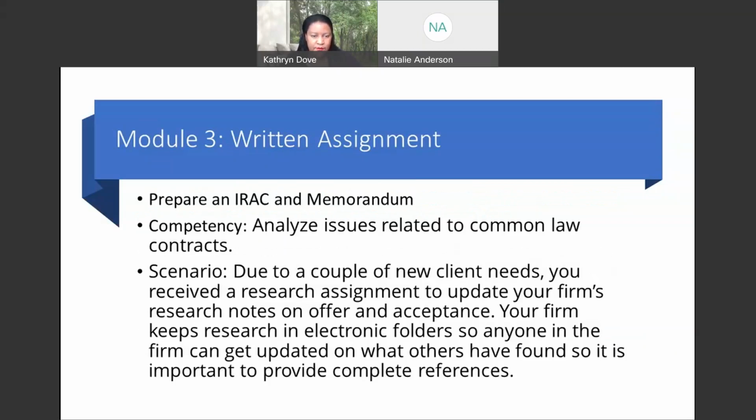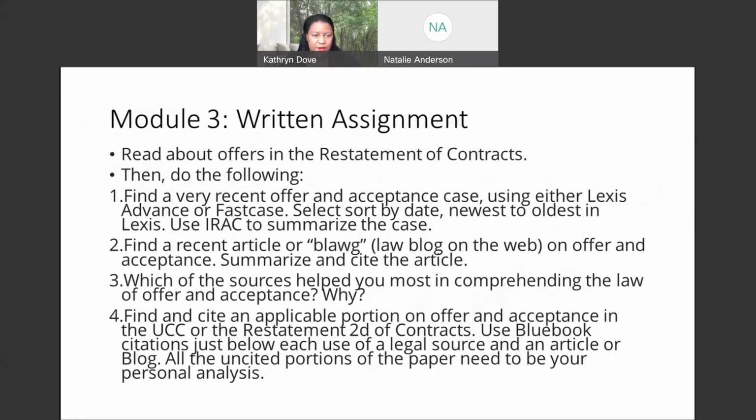We have a scenario where your firm would like to update its research notes that it keeps in an electronic folder on the topic of offer and acceptance. So it is asking you, the paralegal, to analyze and write a memo about some contract issues. So this is going to require you to do research on Lexis Advance or Fast Case.